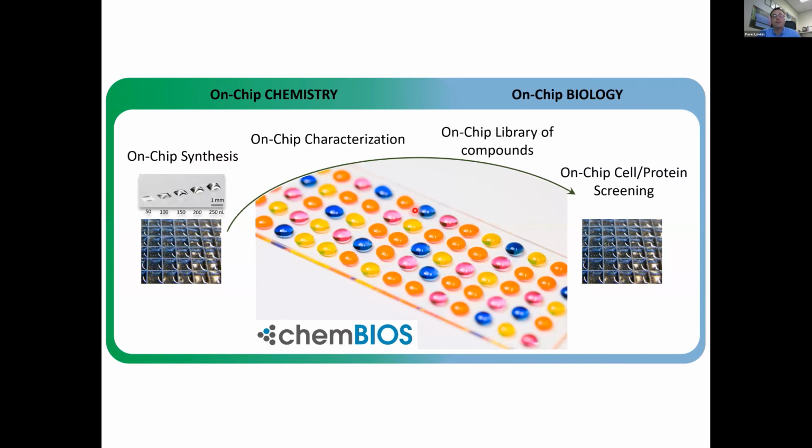The idea would be to use the same platform to do high throughput chemistry on chip, then to use the same microarray for on chip characterization, and then make a library on chip, and then use the same platform, the same chip basically, for biological screening.